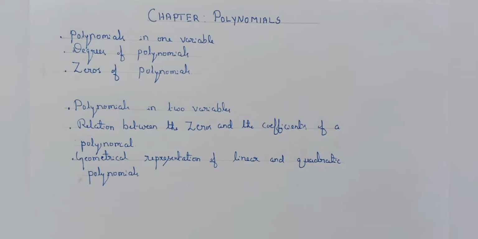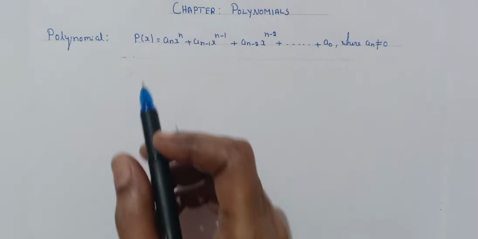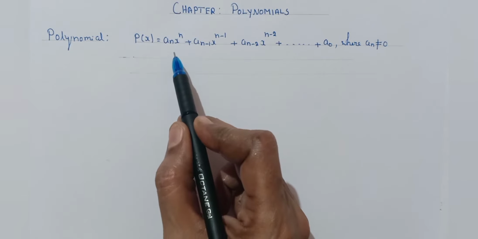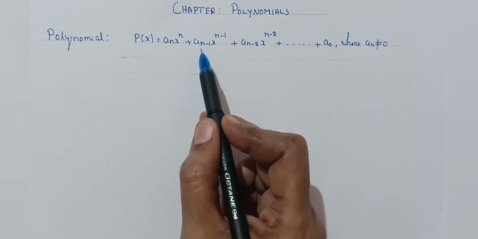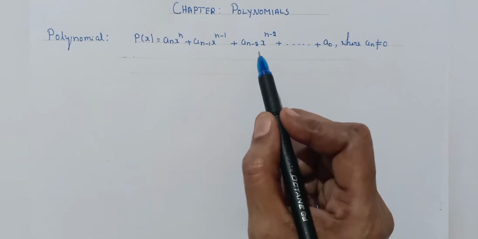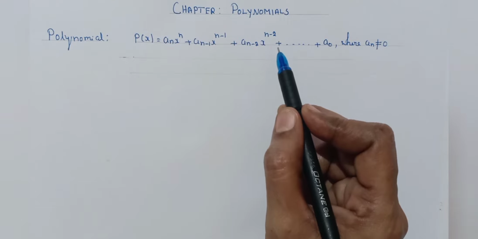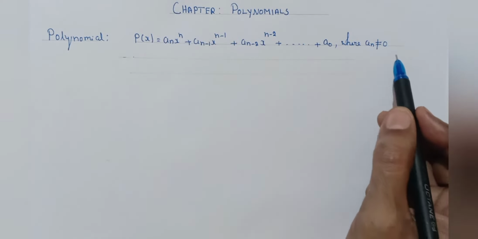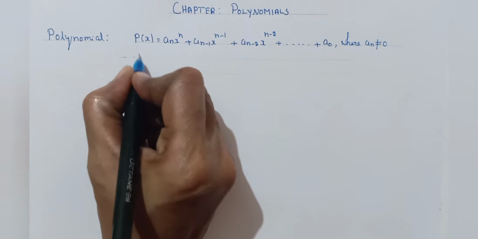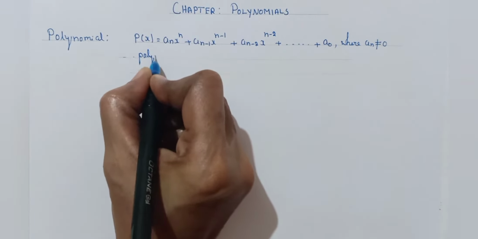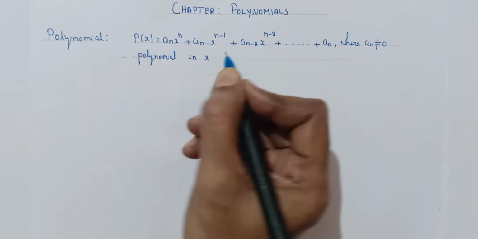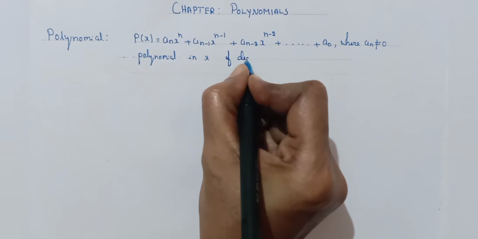Now, let us recall a few concepts which you have studied in 9th standard. So, what is a polynomial? You know, an expression of the form p of x is equal to a_n x to the power of n plus a_(n-1) x to the power of n minus 1 plus a_(n-2) x to the power of n minus 2 and so on, where a_n is not equal to 0, is called a polynomial in variable x of degree n.